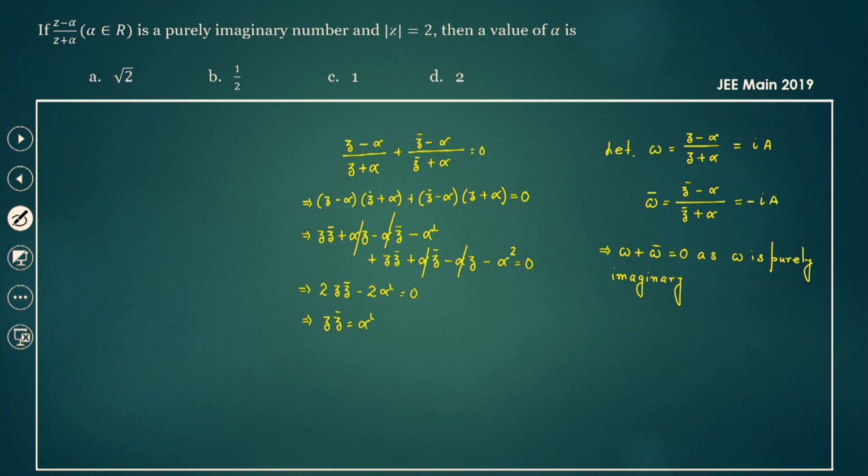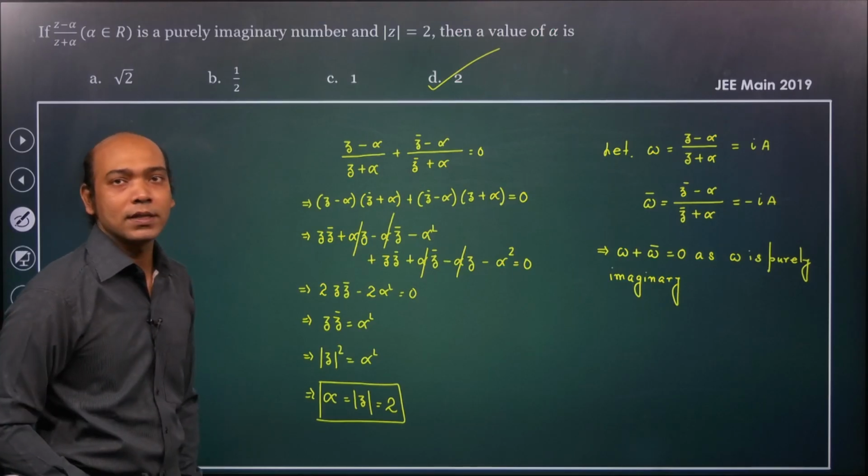Now what is z into z bar? It is mod of z square, which equals alpha square. That implies alpha is equal to mod of z. Given that mod of z is equal to 2, the required value of alpha is 2. That's why obviously option D is the correct choice.